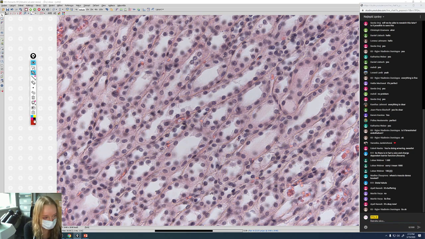So we're going to start with the thin segment of the loop of Henle. This one right here. We can see that the epithelium is simple squamous epithelium. So this is the thin segment of the loop of Henle, with simple squamous epithelium right here.